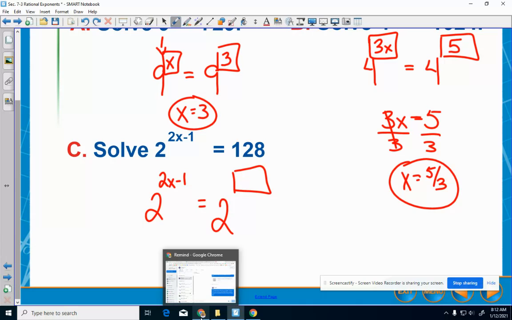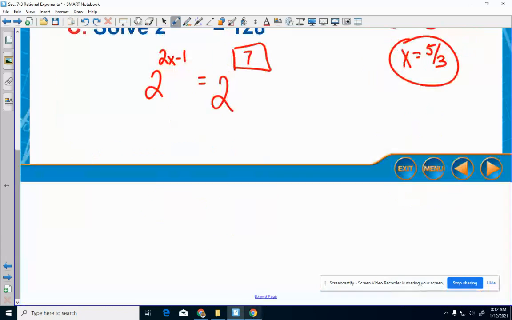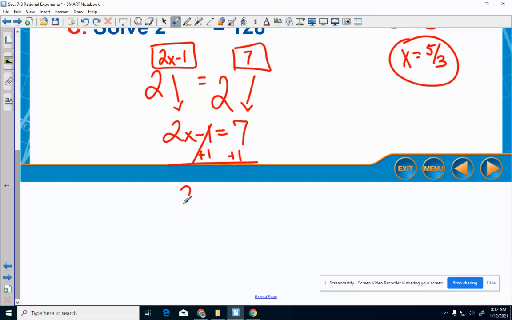Okay, figure that out. You're going to find out that it's a 7. If the bases match, then the exponents have to match. So all I have to do is solve this statement. All right, so if I add 1 to both sides, I get 2x is equal to 8, which means x is equal to 4.